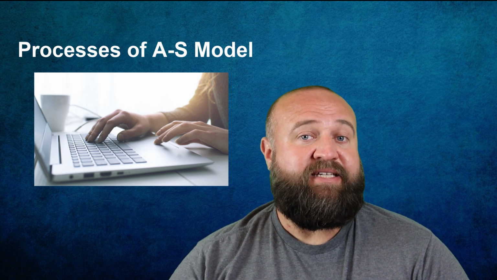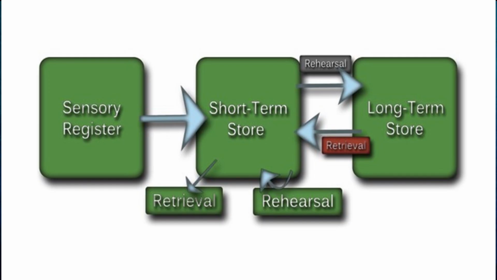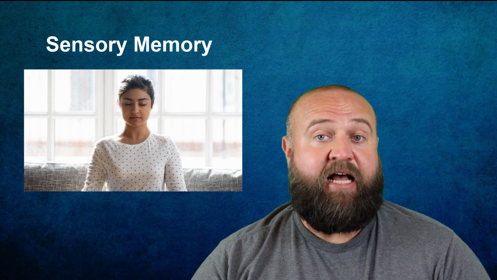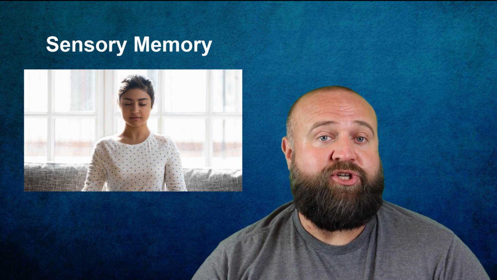There are also 3 stages to the AS model of memory. We have sensory memory, short-term memory, and long-term memory. Sensory memory refers to the sensory information that we're exposed to almost non-stop throughout our lives. Most of this information we don't really even notice or pay attention to.